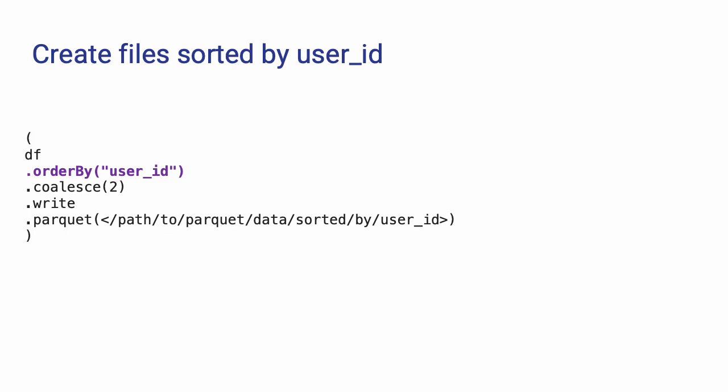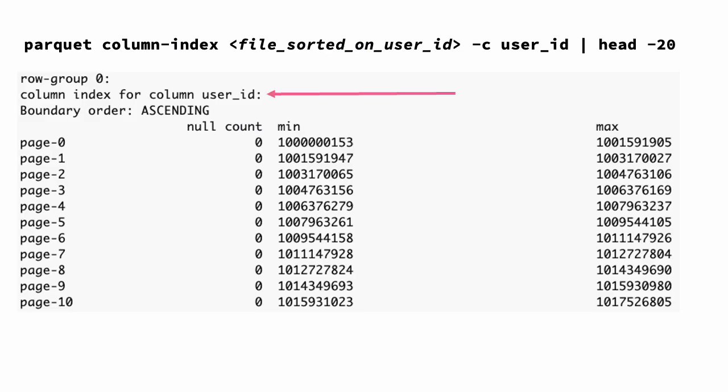And once we do that, we see that the column index for the user ID now has a boundary order of ascending, because we sorted while writing the Parquet file. And for each page, if you see the min and max, they are quite narrow. They have a very tight difference between min and max. Now if you want to search for a specific value, you can be much narrower in the search.